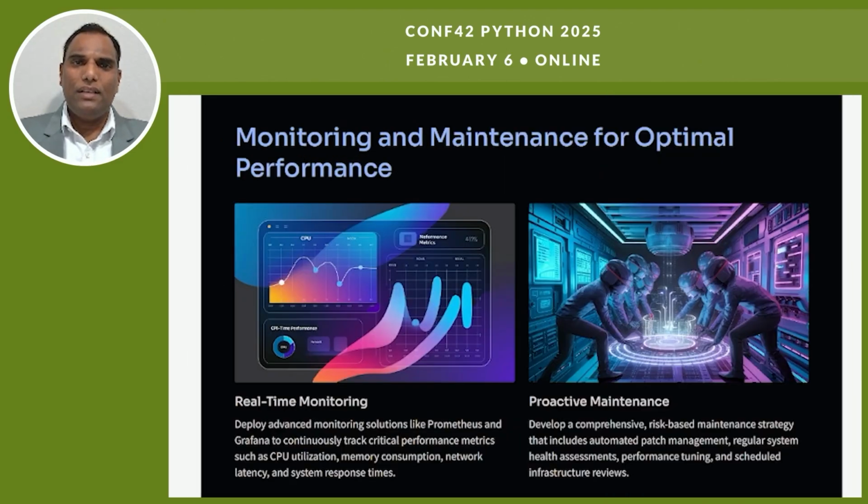Here we see how to monitor and maintain the HA solution for optimal performance. Real-time monitoring. Deploy advanced monitoring solutions like Prometheus and Grafana to continuously track critical performance metrics such as CPU utilization, memory consumption, network latency, and system response times.